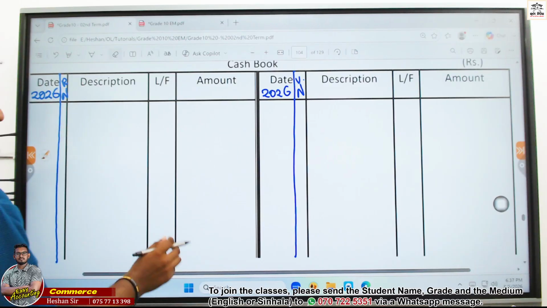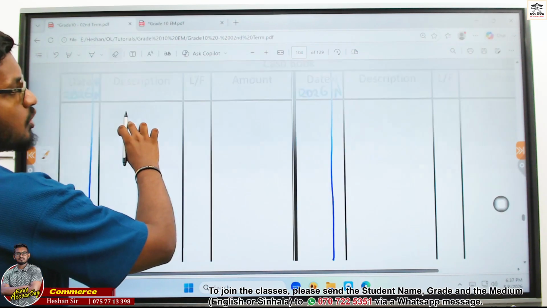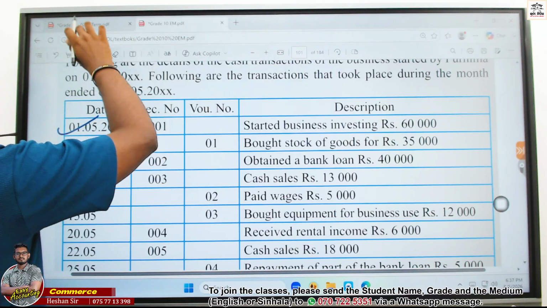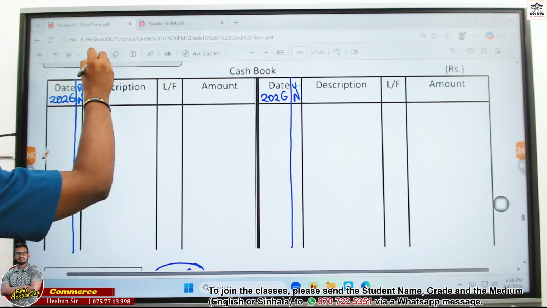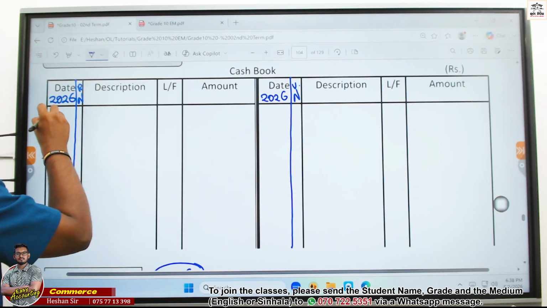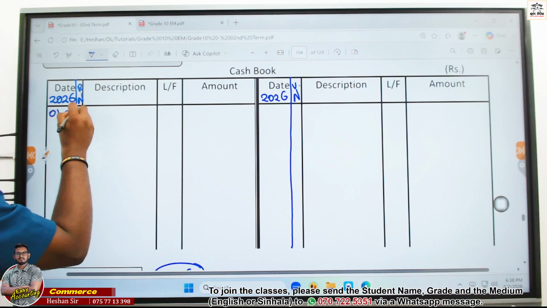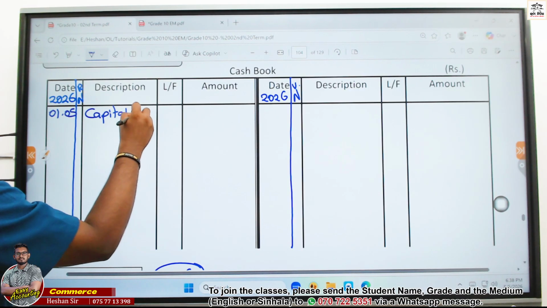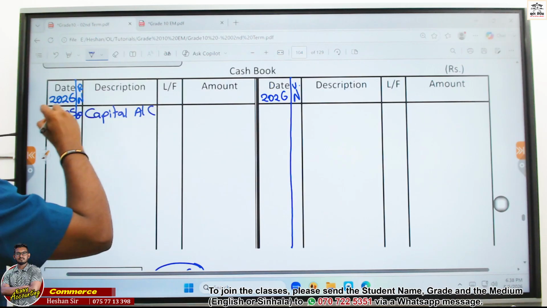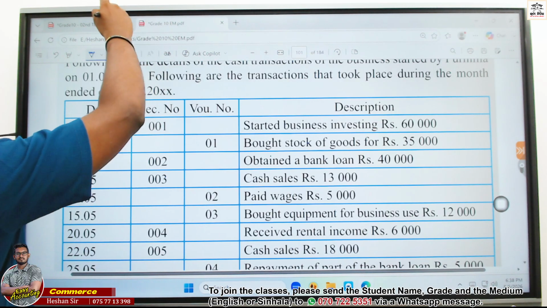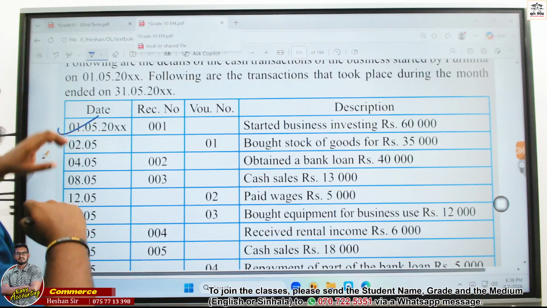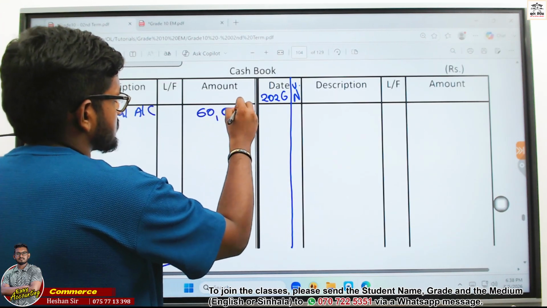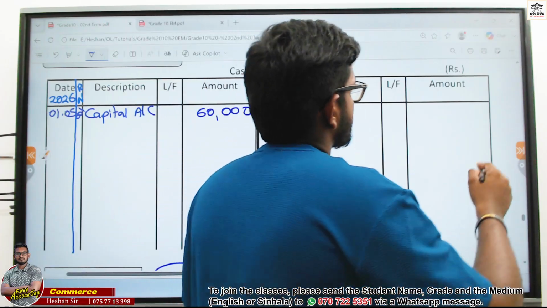May 1st, started business by investing how much? 60,000. 1st of May, credit to the capital account. Write the receipt number 001. Write the amount 60,000.